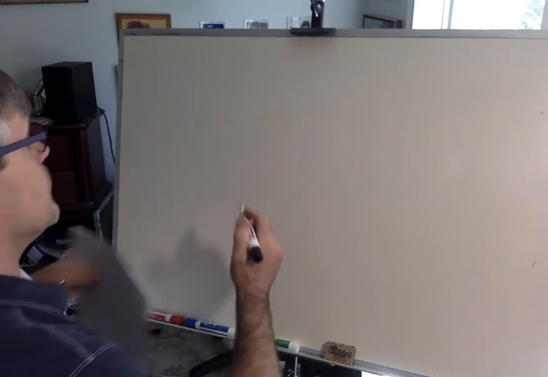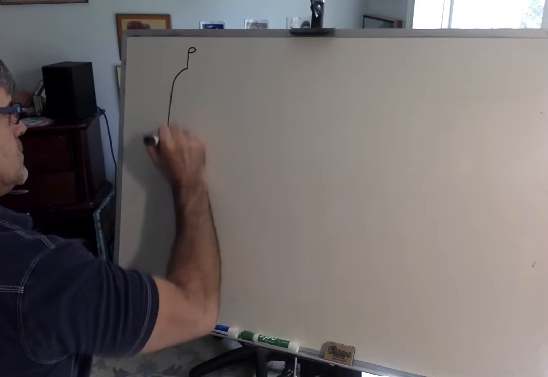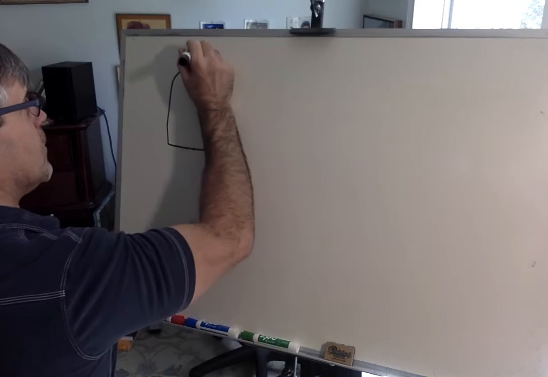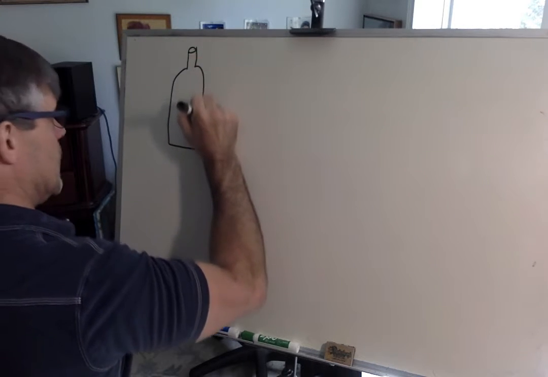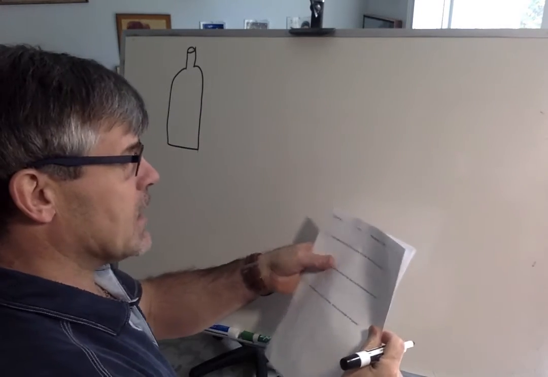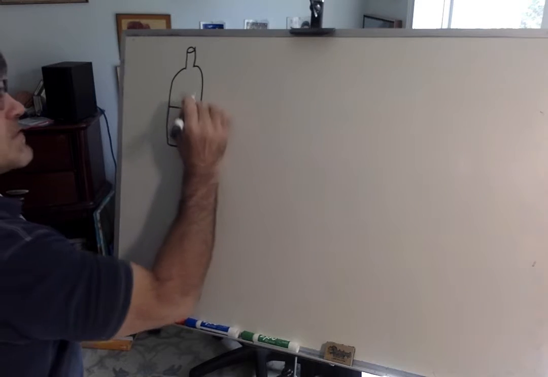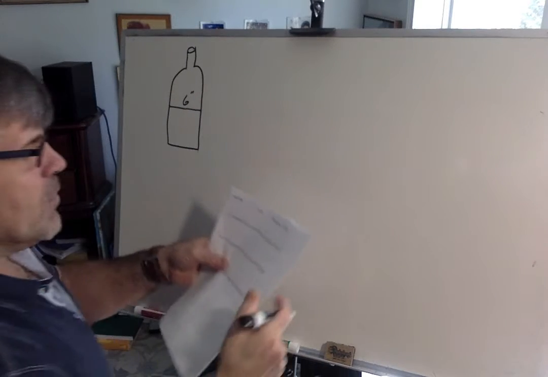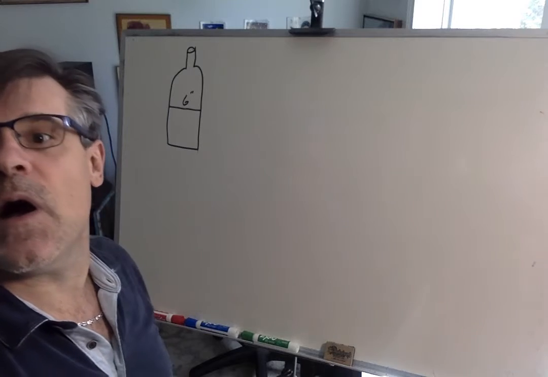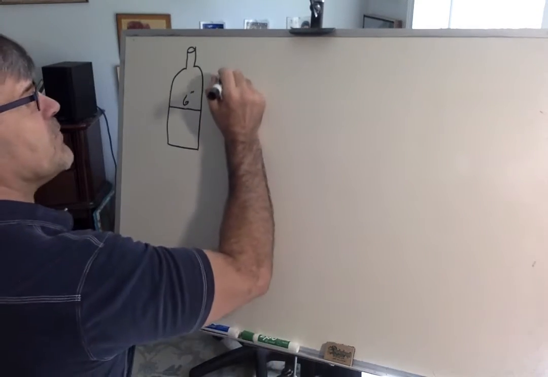So we have a 2-liter Coke bottle, right? And this is my Coke bottle, more or less. They're saying that our diameter, from here to here, is 6 inches. So we're asking you to figure out what the circumference is of this Coke bottle.